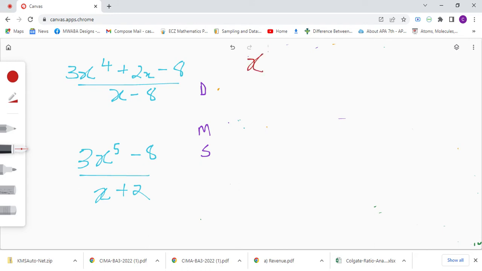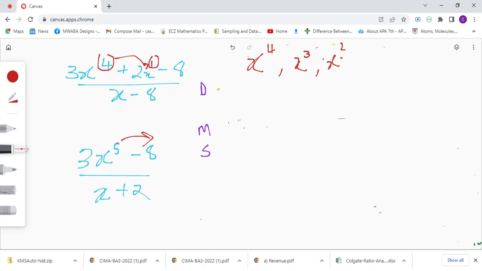we saw the highest degree is to the power 4. So normally we would expect that we'll have x to the power 3, and also we had 2x to the power 1, but we never had x to the power 2. You will see the gap, from x to the power 4 to x to the power 1, something is missing. Even here, from x to the power 5 to x to the power 1, it's missing.